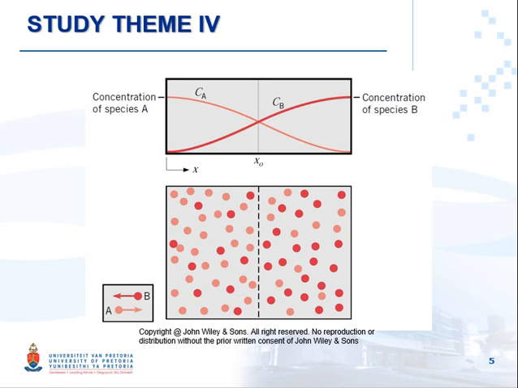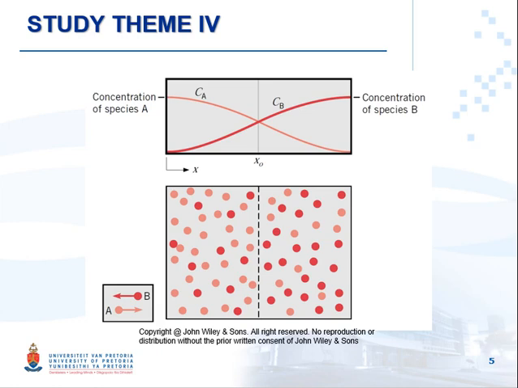So basically mass transfer is mass transport as the result of a species concentration difference in a mixture. So when we have a concentration difference, we have mass transfer.